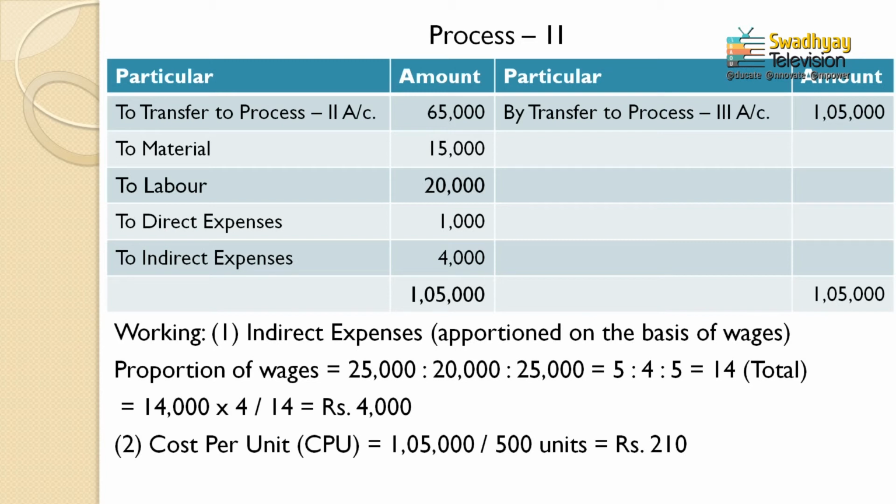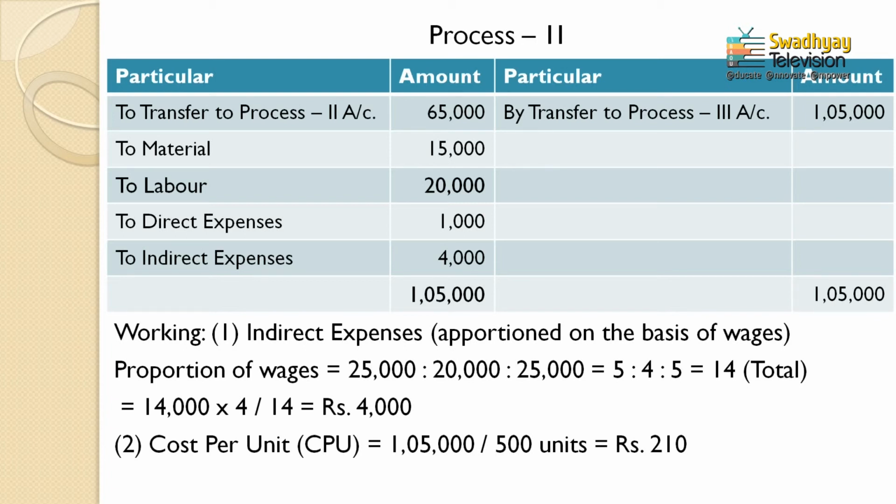That is why the total amount of the process 2 account comes to 1,05,000 rupees, and this total will be carried forward to process 3, because the finished goods of process 2 become the raw material for process 3. So the total amount of 1,05,000 rupees will be transferred to the process 3 account.